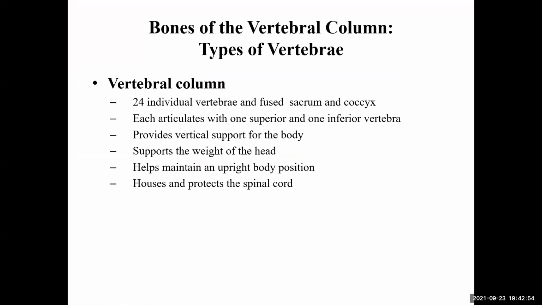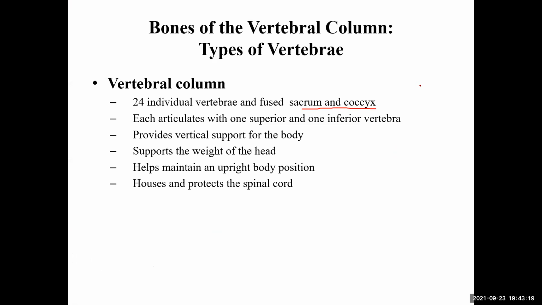Okay, and I'm hoping that after this you'll have a nice appreciation for the spine. But let's start off talking about the bones of the spine. All right, we call those vertebrae, and we have 24 individual vertebrae. And we'll talk about the different regions here momentarily. And then those 24 individual vertebrae sit on top of these two structures here, the sacrum and the coccyx.